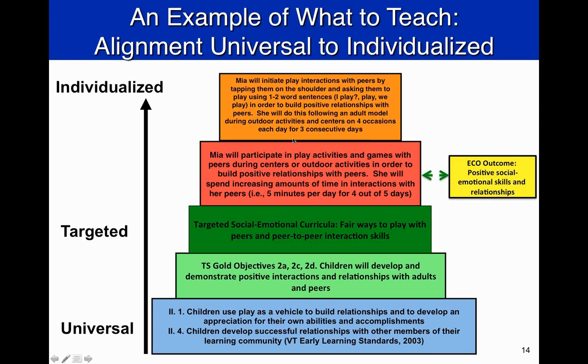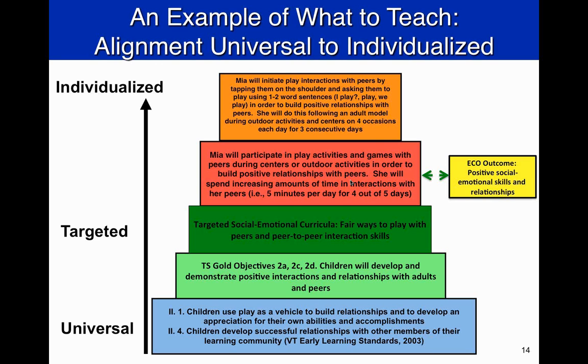And then most specifically for Mia, we've written what we might call an instructional learning target at an individualized level that's aligned with her IEP goal. So helpfully, this is a very brief but illustrative example of how we think about what to teach around embedded instruction in the context of response to intervention frameworks.